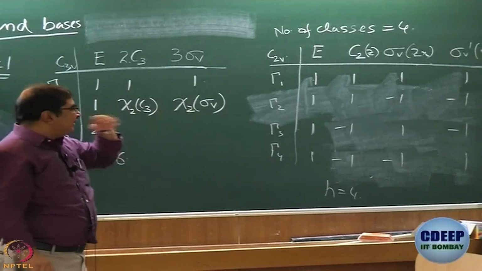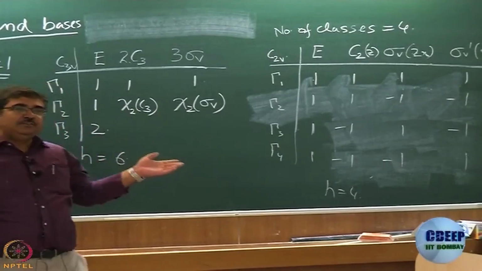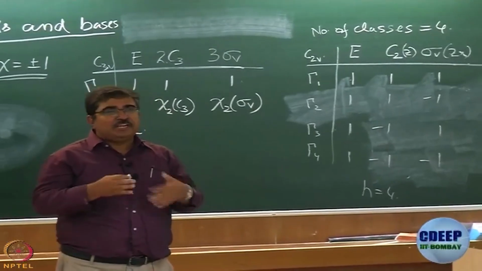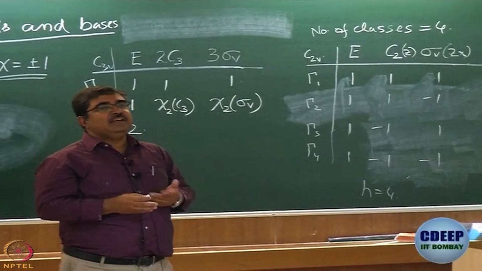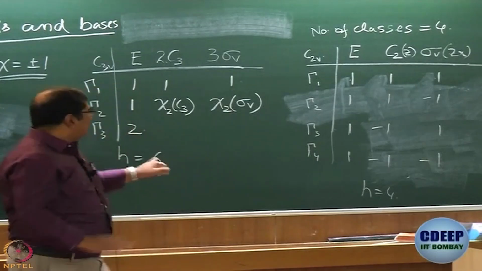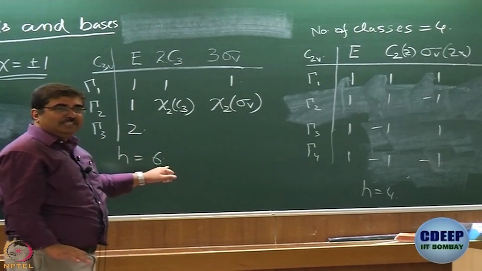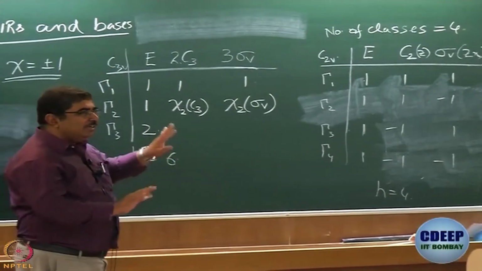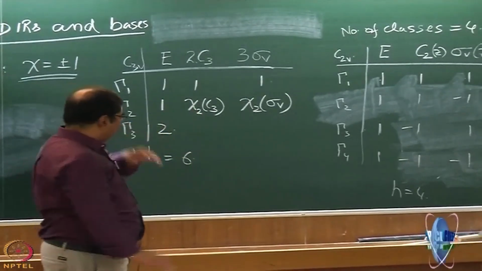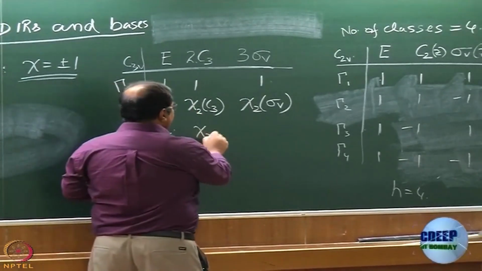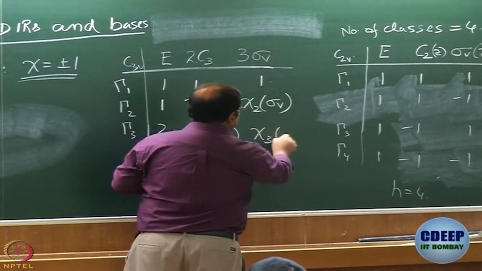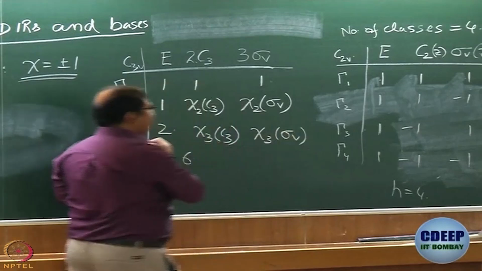See, earlier when I talked about C2V, it was enough to talk about chi i, because I knew that the chi i's would be only +1 and -1, all were one dimensional representations. Here one is one dimensional, the other is two dimensional. So, it is going to be a little different. So, I have to write 2 and 3 specifically. This one is chi3 of C3, chi3 of sigma V.